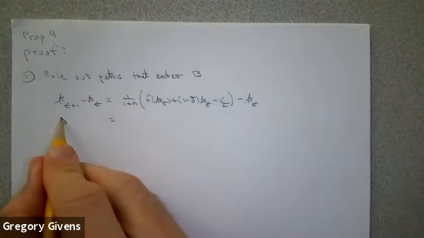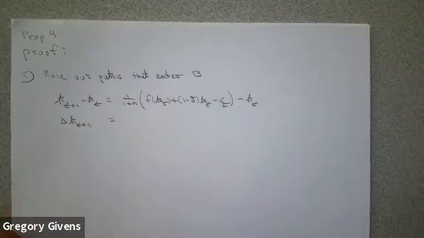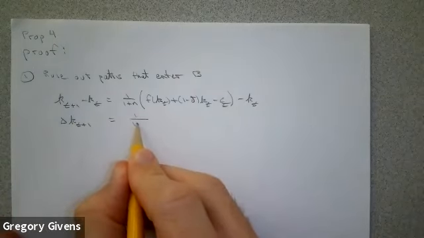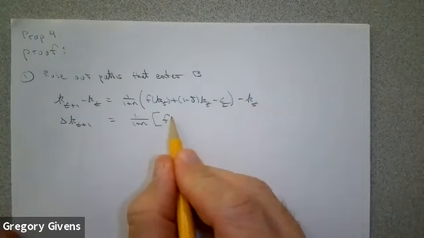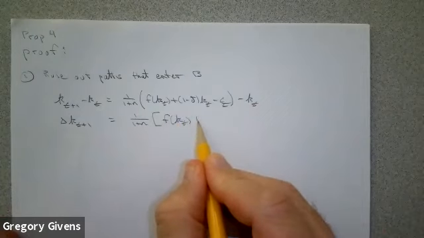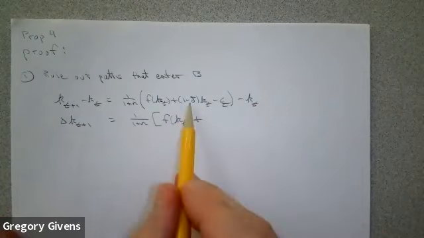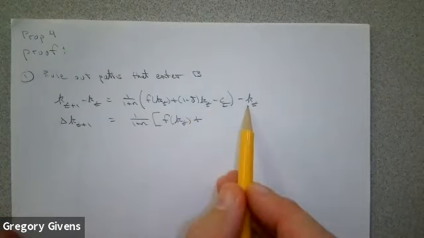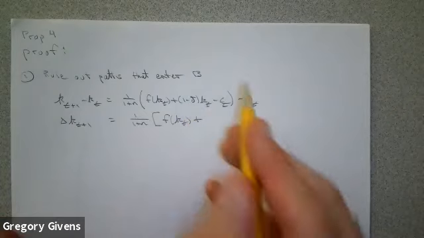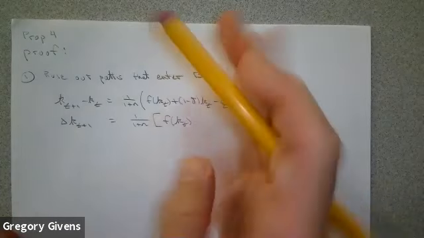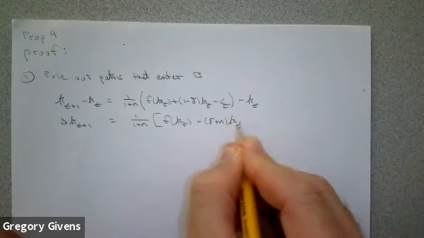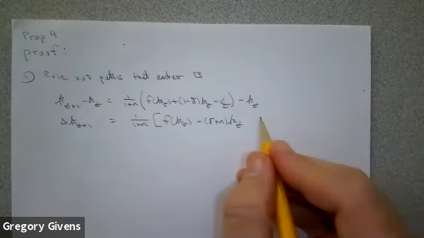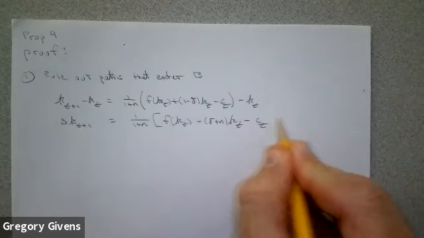Then the change in the capital stock between periods t and t plus 1 can be written as 1 over 1 plus n times, let me put this kt inside the brackets here, f of kt plus 1 minus delta kt minus 1 plus n kt. Well, that's just going to be minus delta plus n kt. So two of those capital terms are going to cancel, and then we have our minus ct.